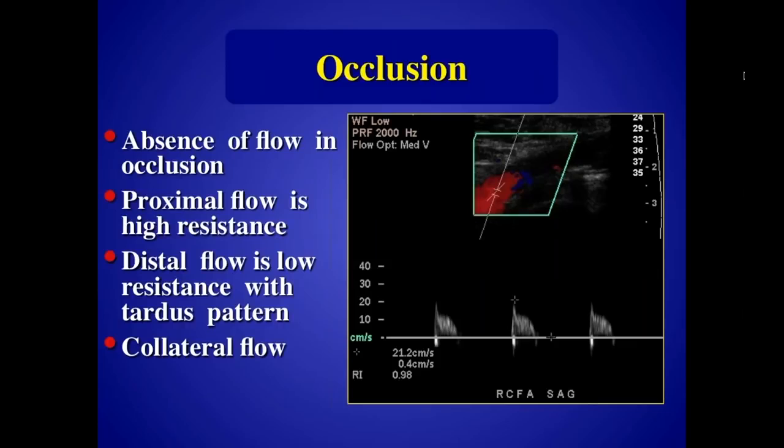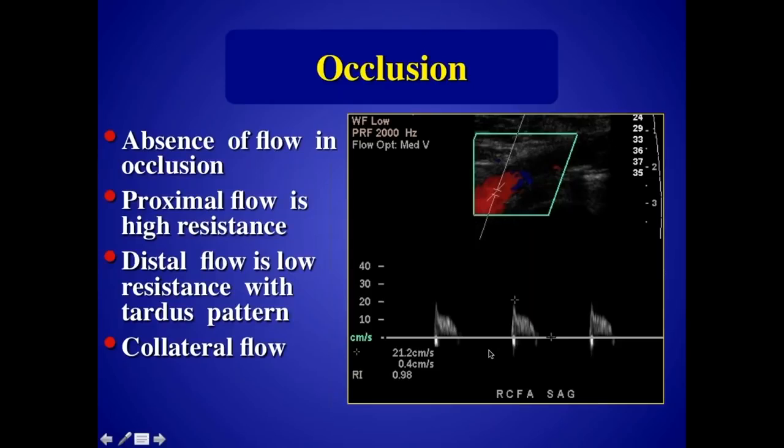Obviously, if there's an occluded segment, we'll see flow up to the level of the occlusion, and there should be no flow on the color display beyond the occlusion. If we sample right before the obstruction, we can typically see this very high resistance, low velocity waveform. Look how abnormal this is. We can see blood flow is going in, it's hitting the obstruction and just stopping.